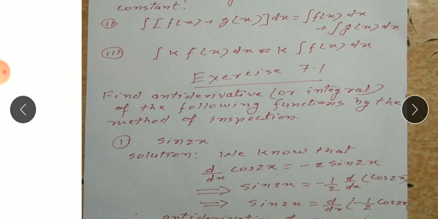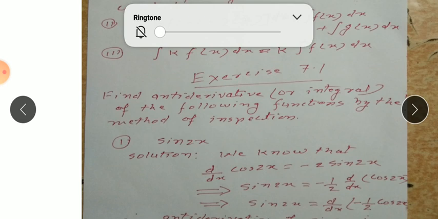Find the antiderivative or integral, that is, we are doing integration of the following functions by the method of inspection. Method of inspection means using differentiation. How to do it?